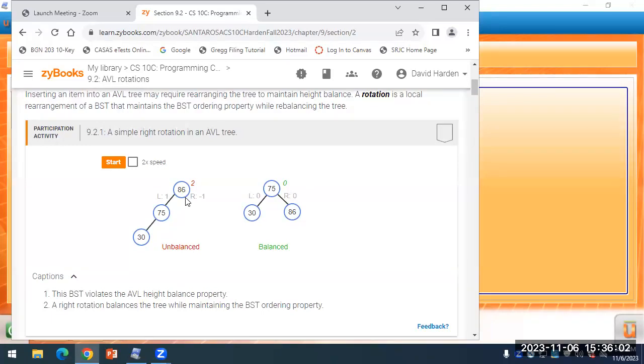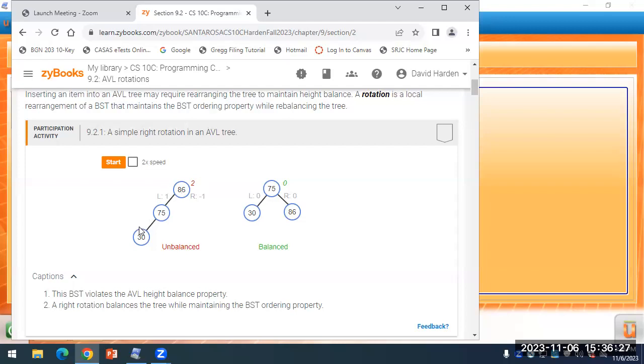Not possible to rotate left. In order to rotate left, your node has to have a right child. In order to rotate right, your node has to have a left child. Okay, so we're going to rotate right, and it just means the 75, it's like I'm picking up the 75, right? And putting it up to the root, and the children are going to be 30 and 86.